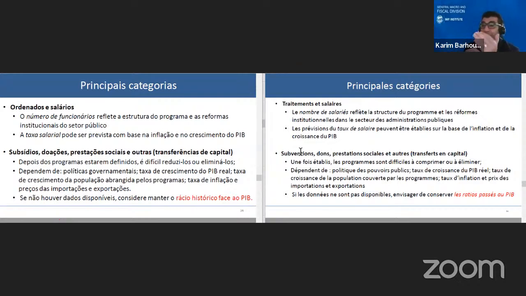It depends on how much external financing I have, the exchange rate, the price of imports, and so on and so forth. If we don't have such information, we can consider maintaining the past ratio to GDP, as I highlighted previously for overall expenditure.